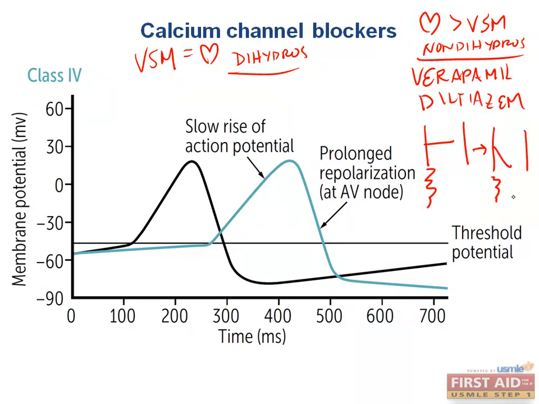The inactivation gate remains in the position of open. Calcium will rush into the cell and eventually the inactivation gate will slam shut. So in this position we have no more flow because the inactivation gate closed, and this blocks any more calcium influx. These non-dihydropyridines, verapamil and diltiazem, like to bind channels that have already been depolarized.